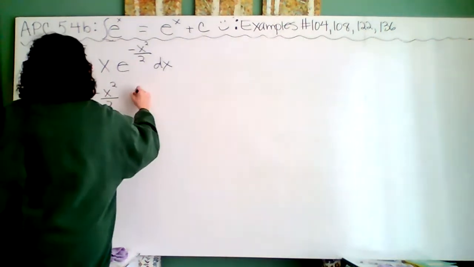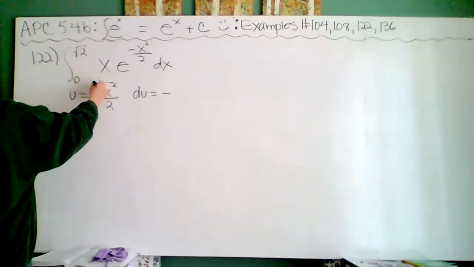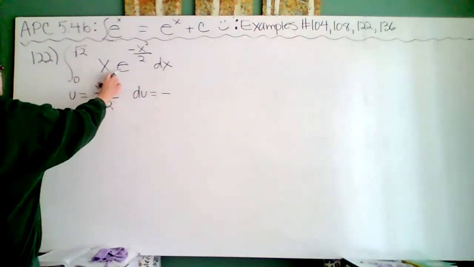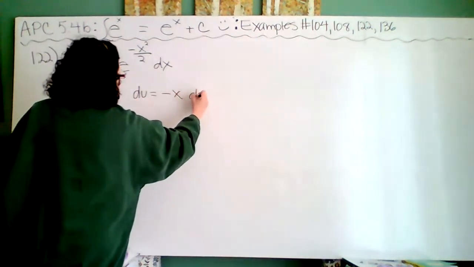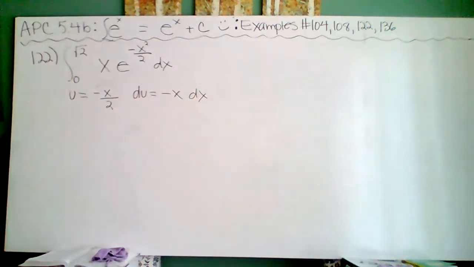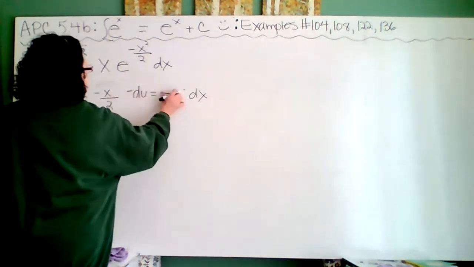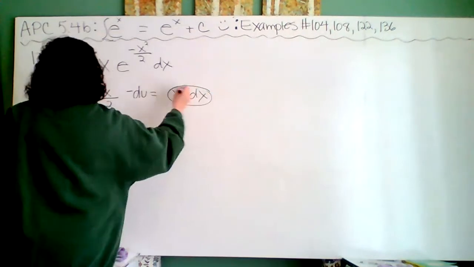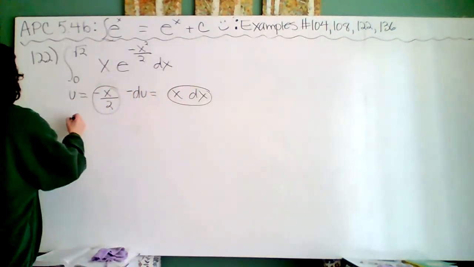Our du would be a negative, and when I bring the 2 out front and multiply it, the 2's will cancel, and I'll get a negative x dx. I do not see a constant of a negative, so I will multiply both sides by a negative. I believe I have a perfect u substitution.